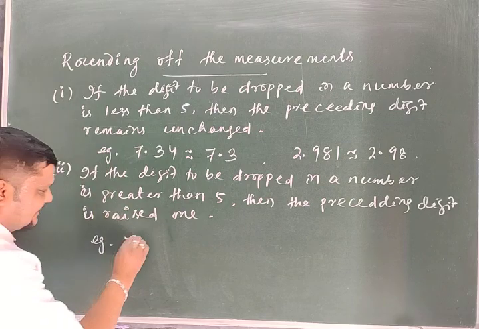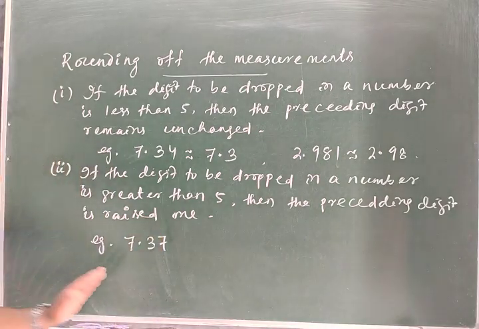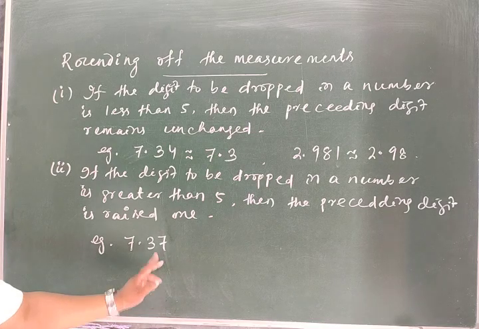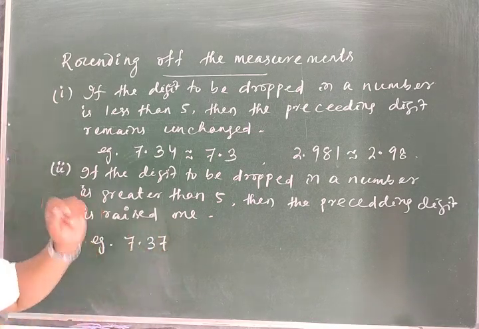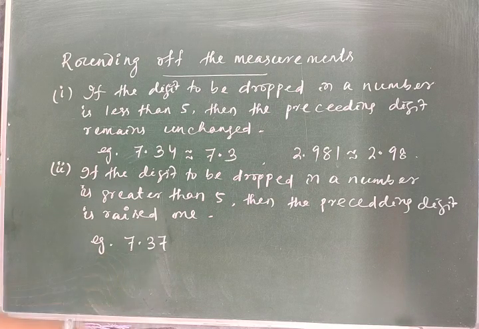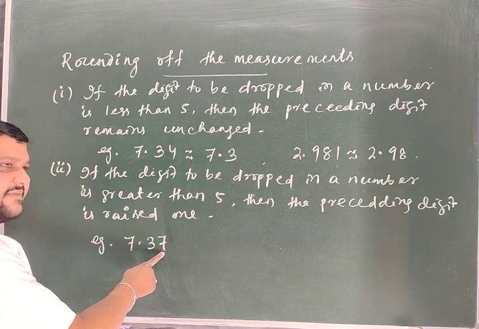Do an example like this. Take the same example: 7.37, and if I want to drop one place, I want to drop this last digit 7. The digit to be dropped is obviously 7, which is greater than 5.